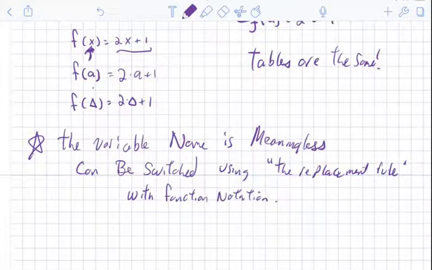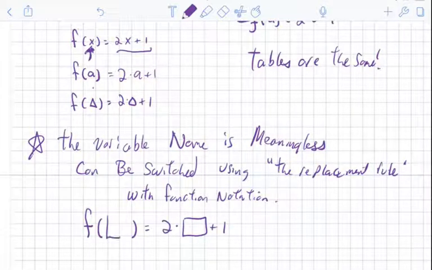Function notation is a super powerful tool that just says, hey, whatever you write in this box, write in this box.